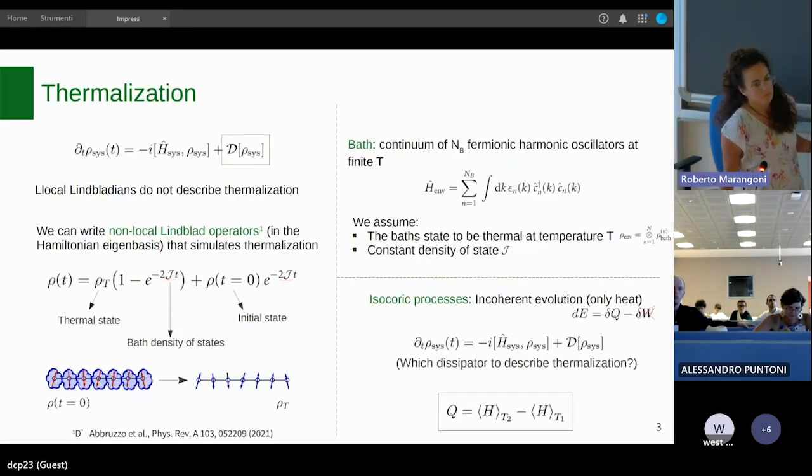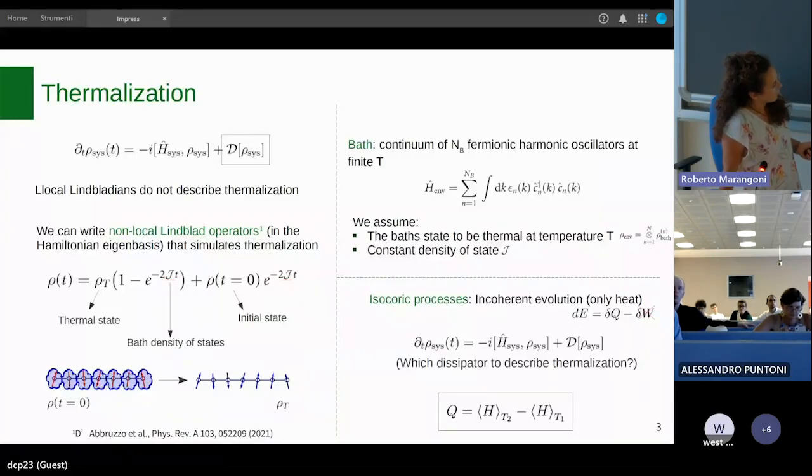There are some small caveats. In fact, if this is your chain, to simulate the thermalization you have to couple each spin to a bath. All the baths have the same temperature and the same density of states.